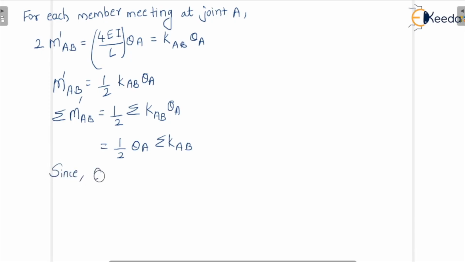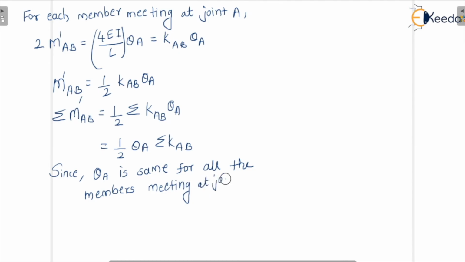Since theta A is the same for all the members meeting at joint A, we can write that M dash of AB divided by summation of M dash of AB is equal to K of AB divided by summation of K of AB.